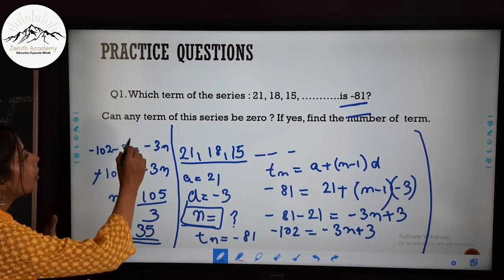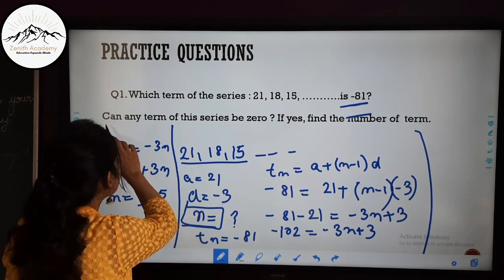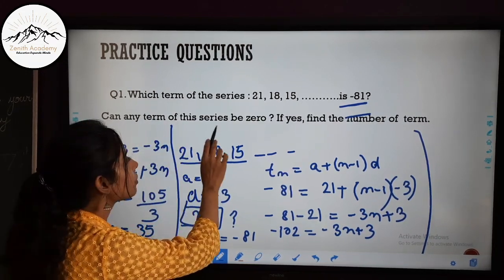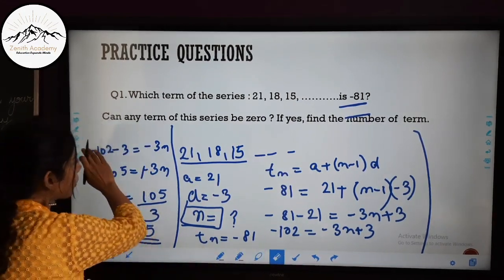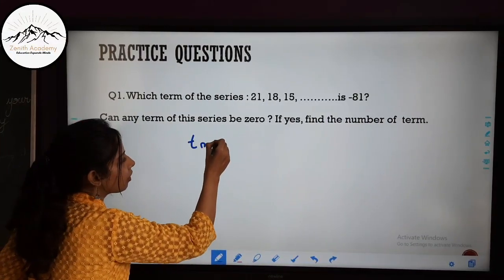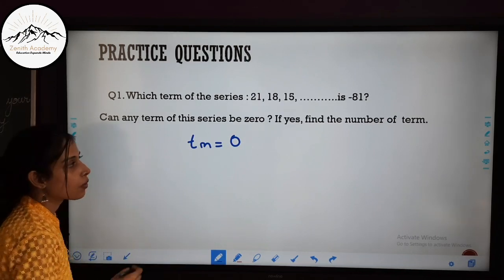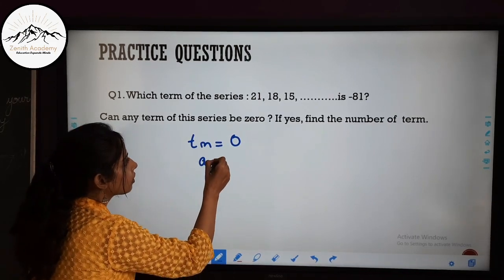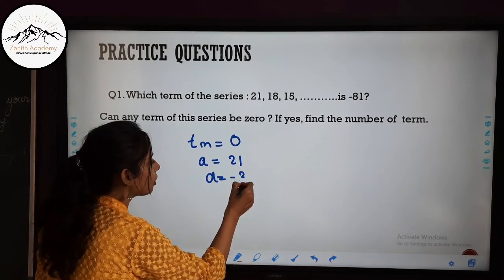Now, in the other part of the question, it is saying, can any term of this series be 0? Let's see if any term of this series can be 0. Let's suppose that the nth term is 0. We know A is equals to 21 and D is equals to minus 3.